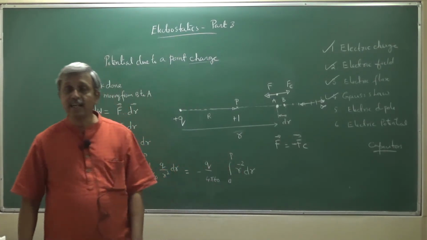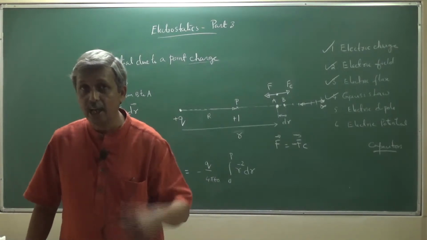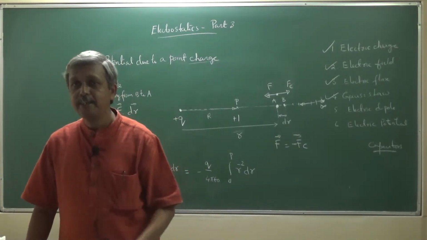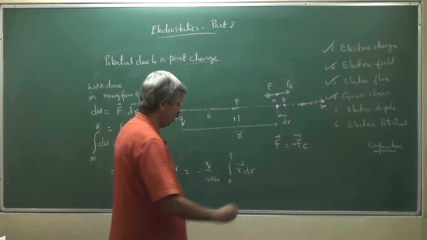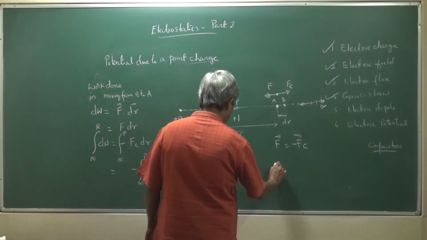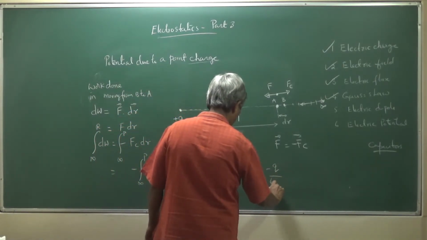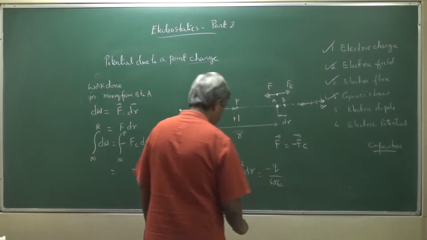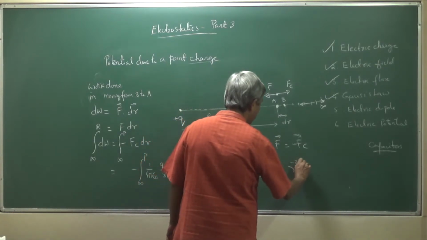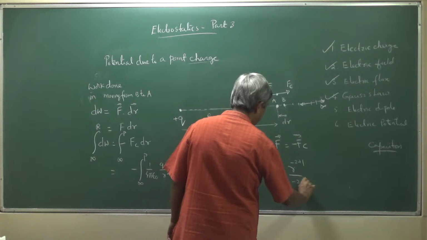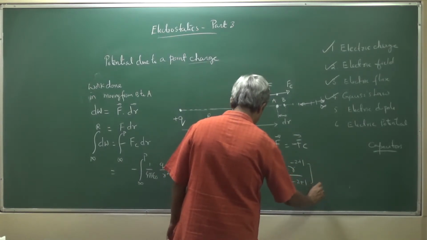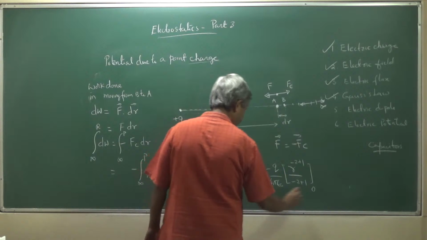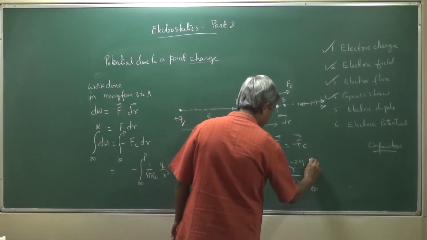When you integrate R power n, you get R power n plus 1 divided by n plus 1. N in this case is minus 2. So I will write it as Q divided by 4 pi epsilon naught into R power minus 2 plus 1 by minus 2 plus 1. And then we have to apply the limit infinity to P.